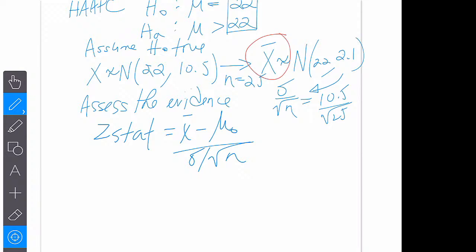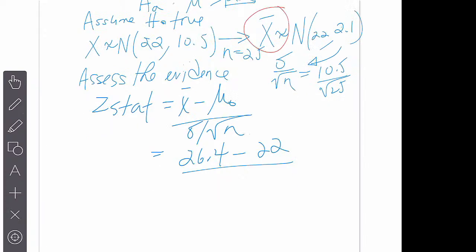All right, so we standardize that as 26.4 minus 22 divided by 2.1. What do you get? It's 2.09 or 2.1.